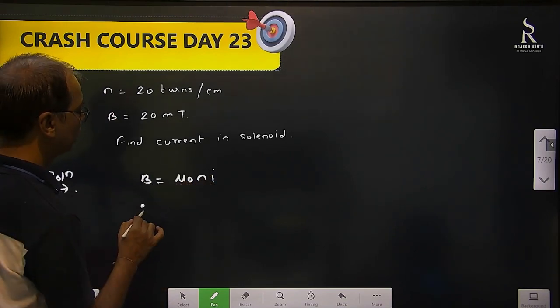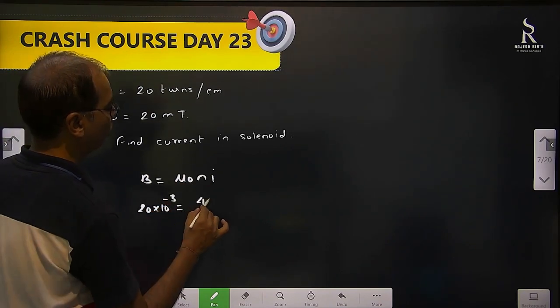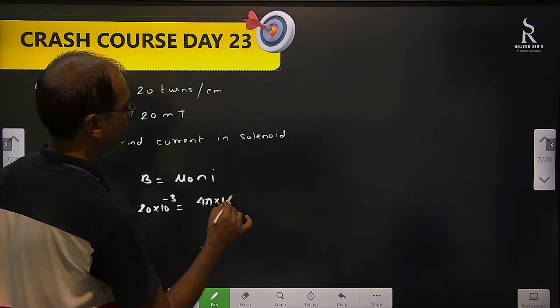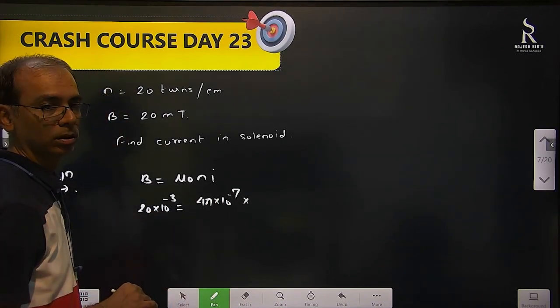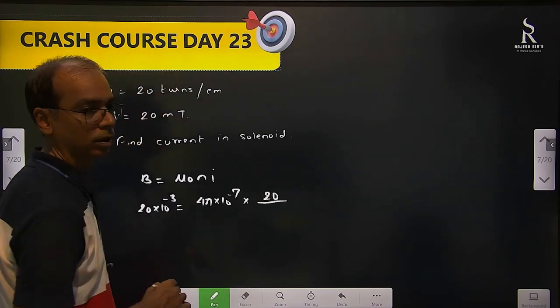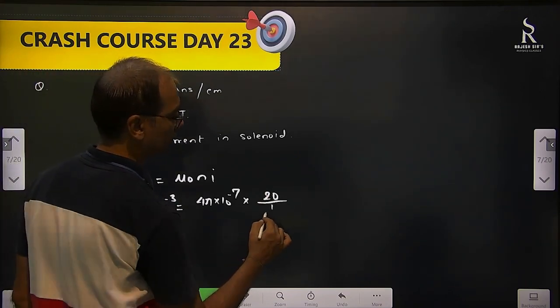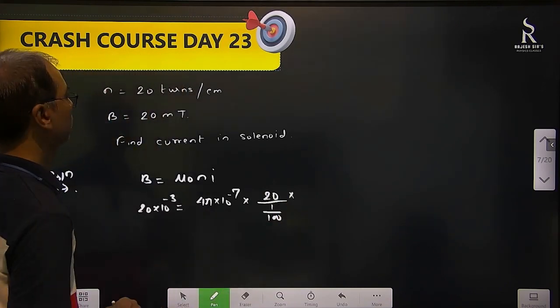B is 20 into 10 to the power minus 3. This is 4 pi into 10 to the power minus 7. Number of turns per unit length is 20 turns per centimeter. Centimeter we should convert to meter. What shall we do? Divide by 100.